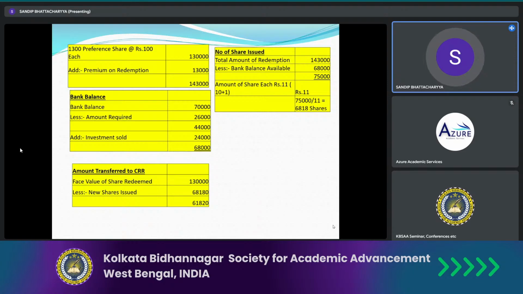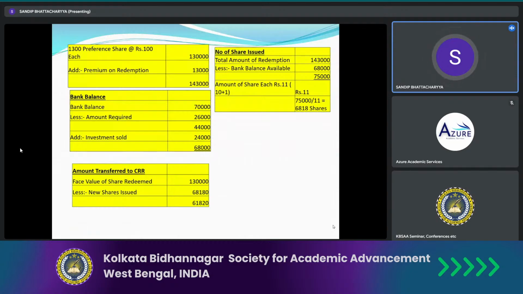But you have taken the new share issued at rupees 10, that is 6818 into 10. This premium value you can utilize when you are supposed to transfer the premium on preference shares. So working notes number 1, 2 and 3 are my right hand side, and working note number 4 is the amount transferred to CRR. So this is the working note.